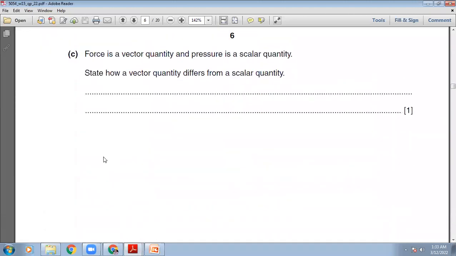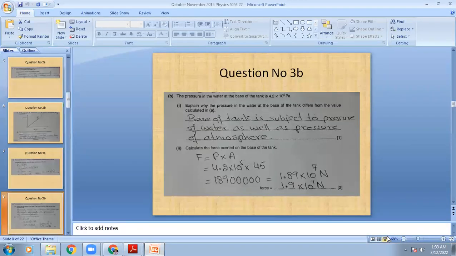Okay, so the next part is: force is a vector quantity and pressure is a scalar quantity. State how a vector quantity differs from a scalar quantity. Vector quantities have direction as well as magnitude, whereas scalar quantities only have magnitude. They don't have direction. So that was my answer. Let me show you the written answer.